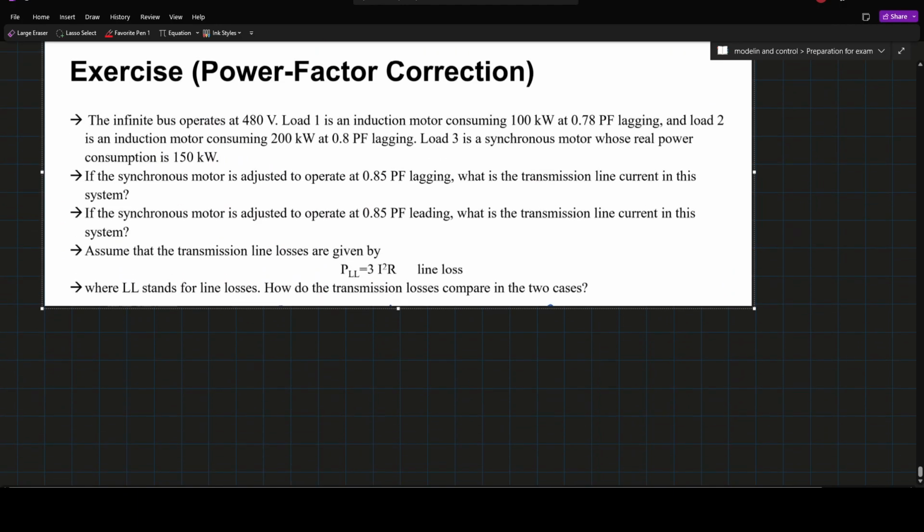And we are going to see that when we go from lagging to leading, there will be a difference when we have our synchronous motor.